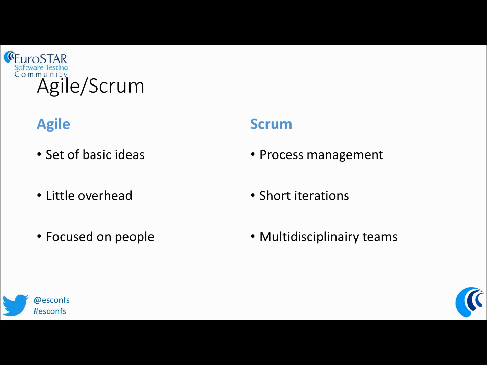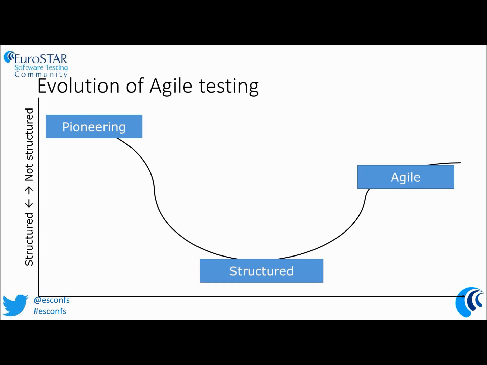And I think it's really important to grasp this concept, to make this clear. So we have on one hand Agile, a mindset, and on the other hand Scrum, a management process. And this difference is too little known or used, I think, in the project world we're living in.